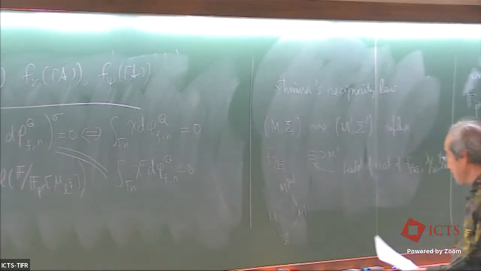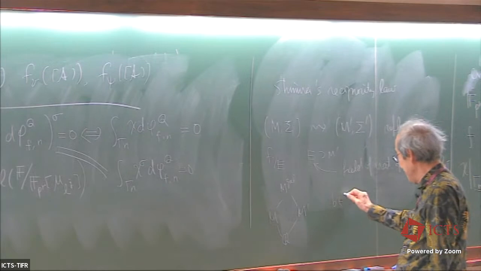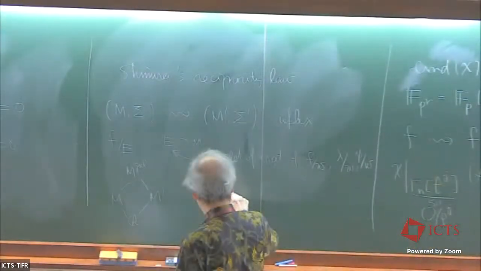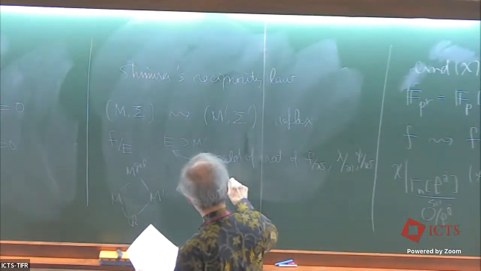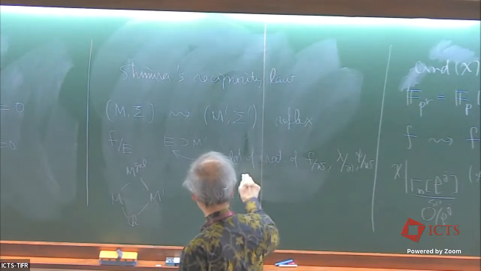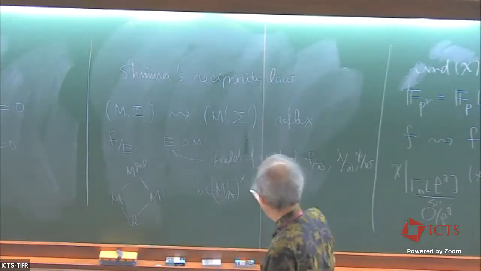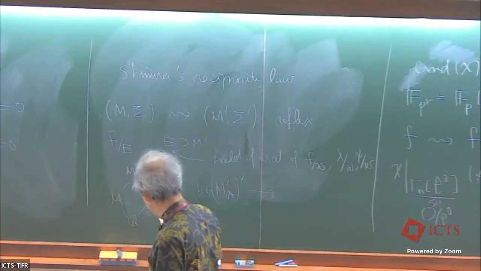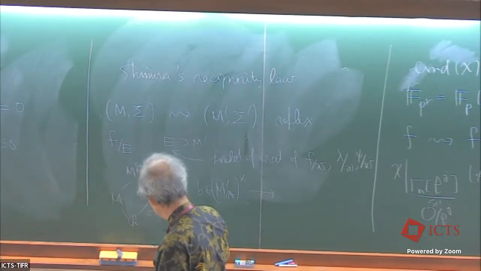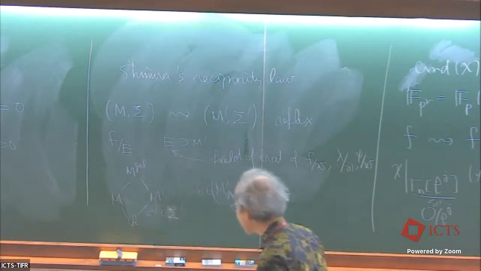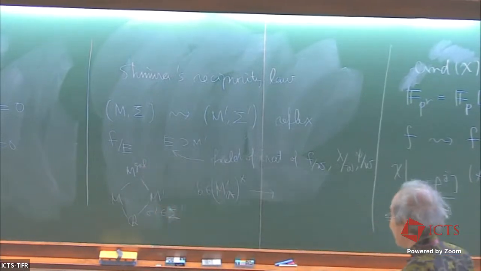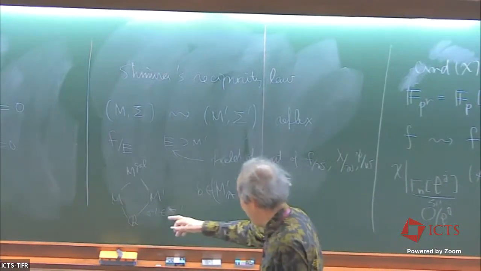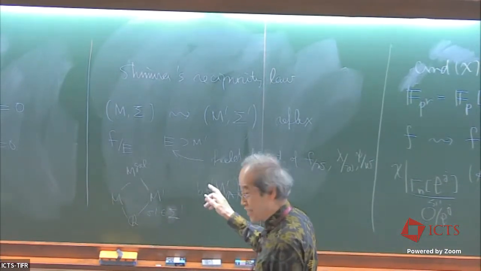Then I just pick any B in M prime A cross. Then I have sigma here, sigma prime here inside M prime, and so you can apply sigma prime to this ideal.